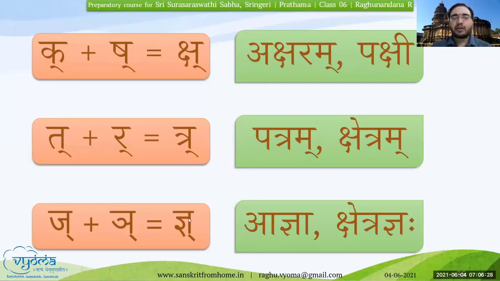This forms together to form this letter, which is Gnya, Jnanam, Agnya, Kshetrajnaha. That Gnya is a combination of Jakara and Nyakara, the fifth letter of the Chavarga. So make note of these three letters, write them as well.